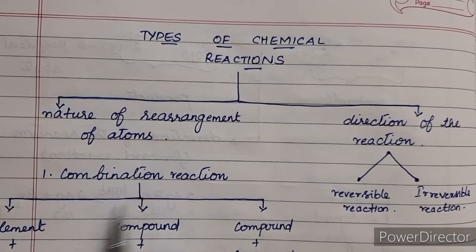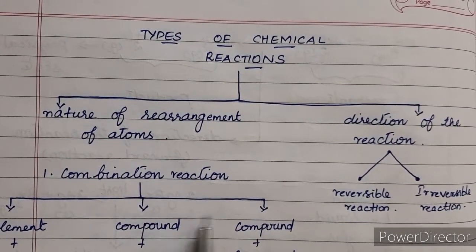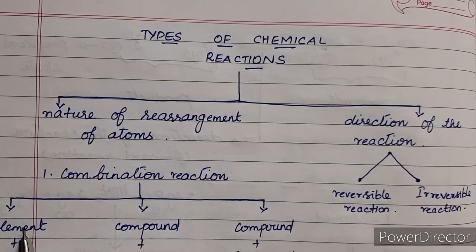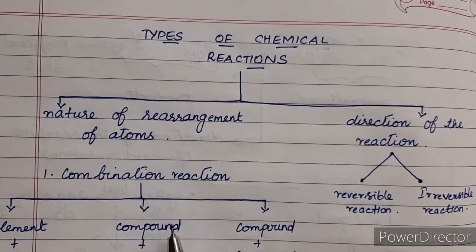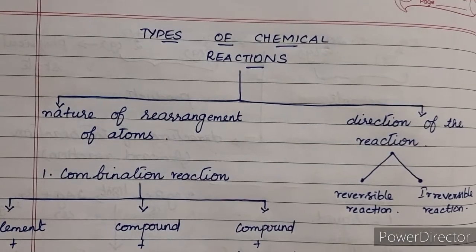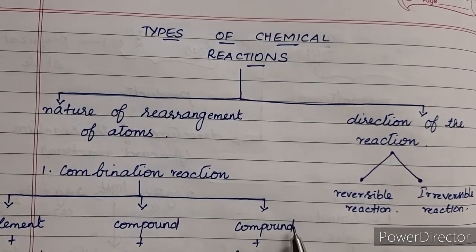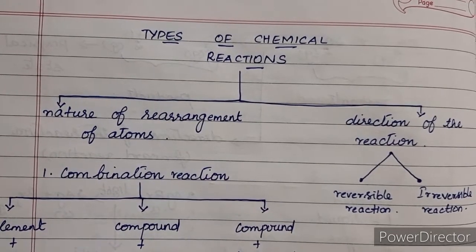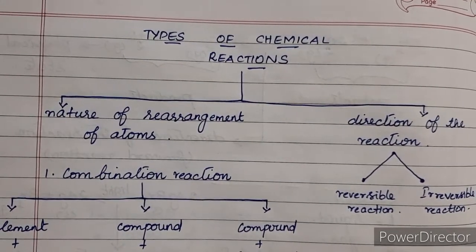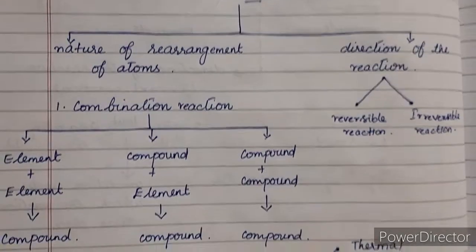Now this combination reaction is classified into three types. The first one is that element plus element gives compound. The next is compound plus element gives compound, and here compound plus compound gives compound. So this is called the combination reaction, and this is classified into three types.